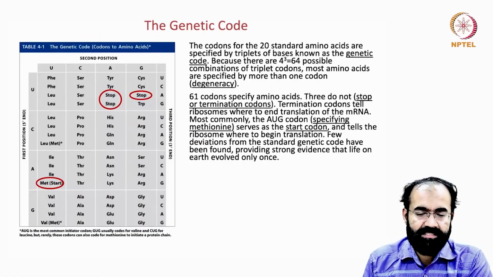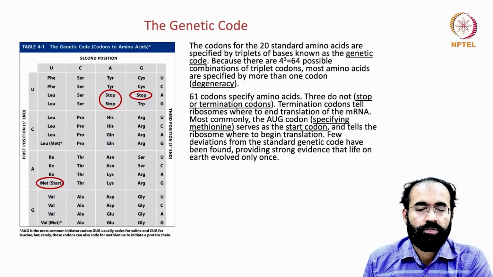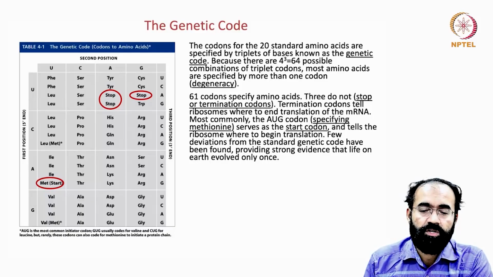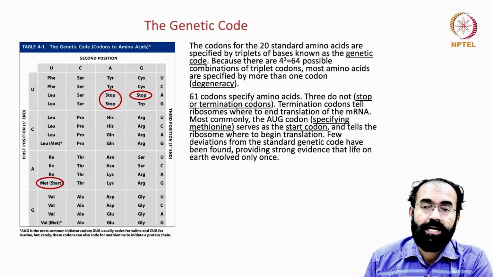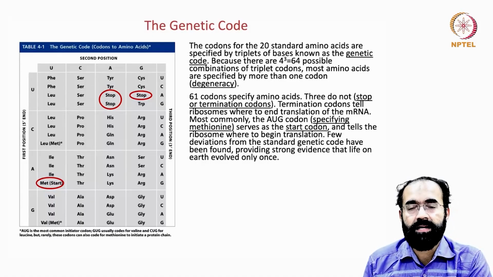So let us see the genetic code. We have seen this picture earlier also. So total possible codons are 64. The codons for 20 standard amino acids are specified by triplets of bases known as the genetic code, and we have discussed this earlier also.